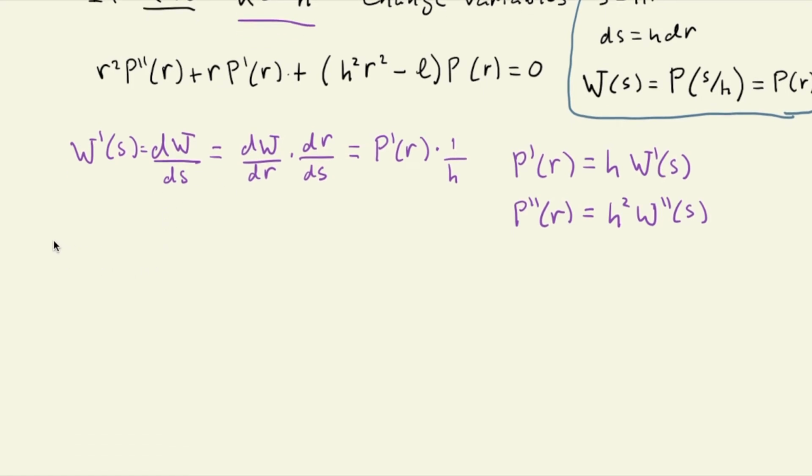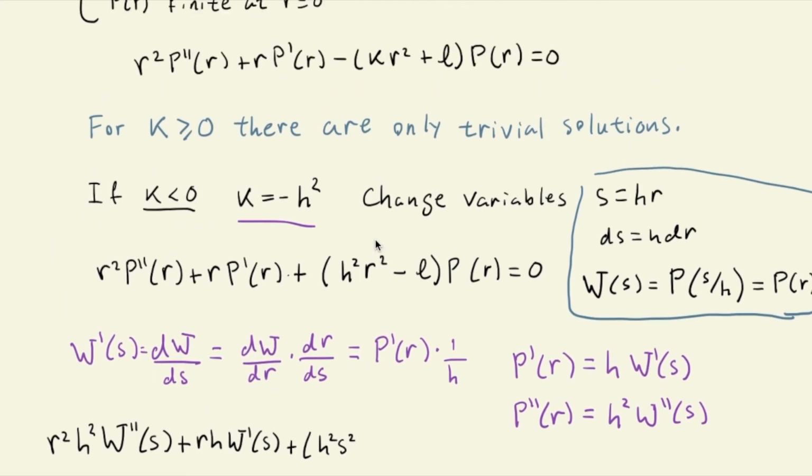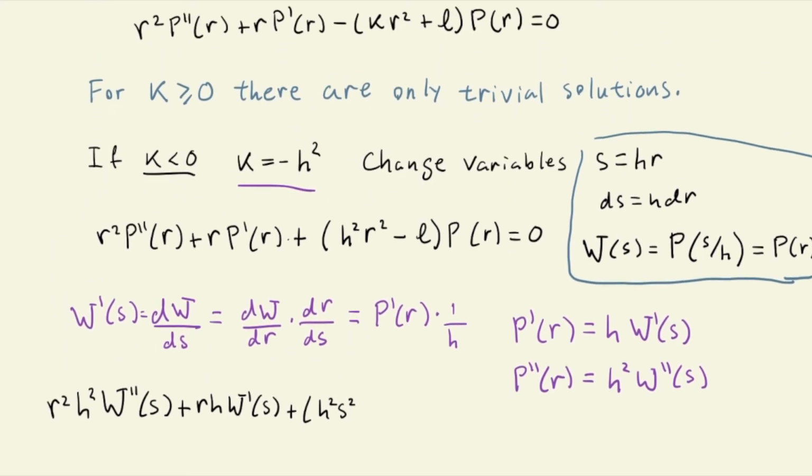And so r squared h squared w prime prime of s plus r h w prime of s plus h squared s squared. Oh, and I also forgot to do the n squared here. So this L was n squared.